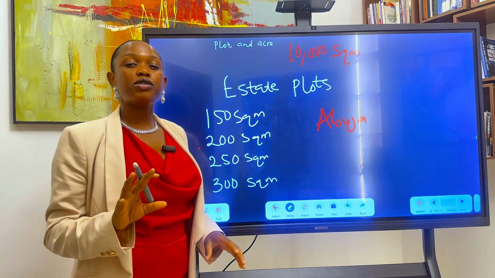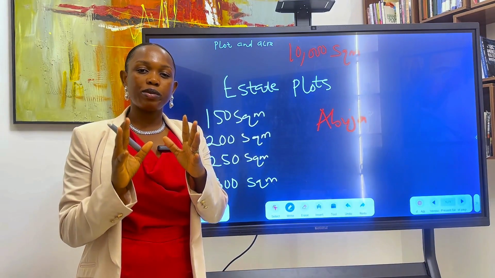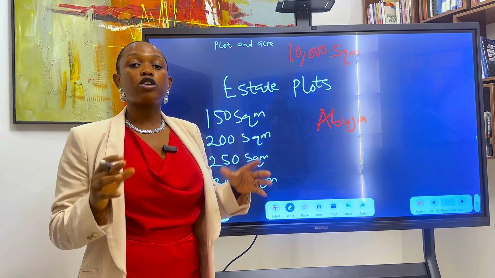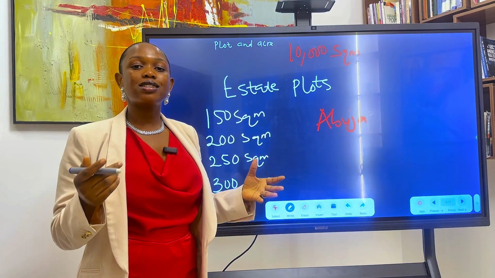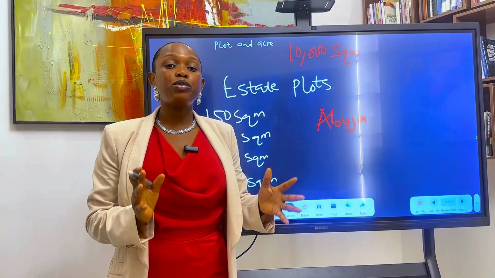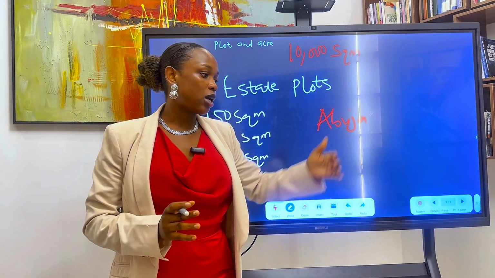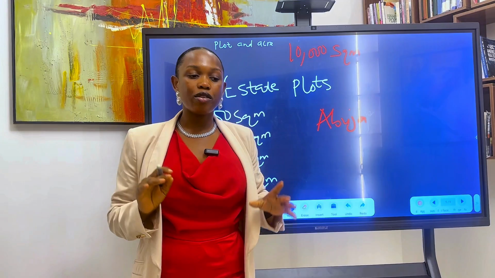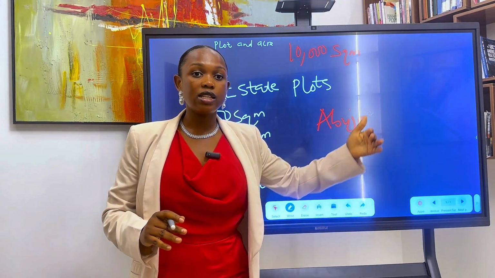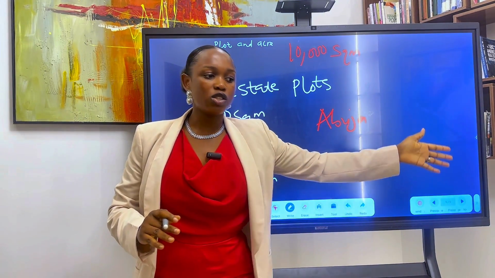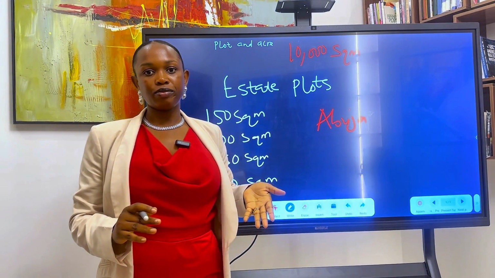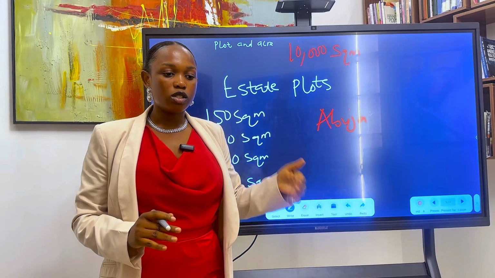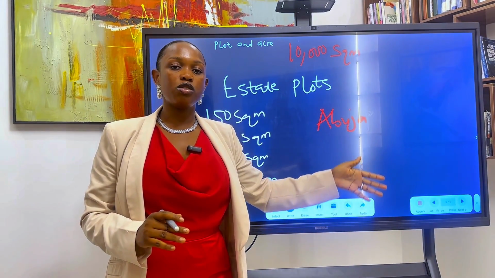So if you're getting 150 square meters to 200 square meters, know that you are going to build a terrace duplex. When you are building a terrace, your wall and the other person's wall are attached together. I'm not saying semi-detached. I said terrace. So you can have 3 units or 4 units or 6 units in one line, but your block is just the one differentiating you from the other person.